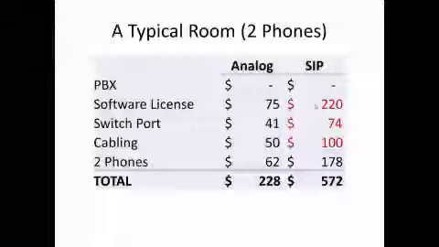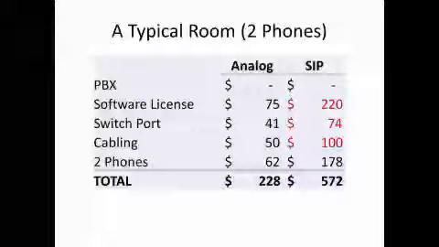Not so on the SIP side. On the SIP side, each SIP phone has to be a separate endpoint to the SIP PBX or the VoIP PBX. So you have to buy 2 software licenses to drive 2 phones in a single room here, double the price. You have to buy 2 switch ports because each phone has to be driven separately off of that power over Ethernet data switch.